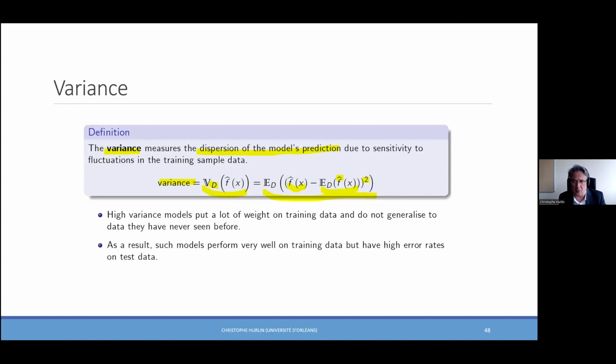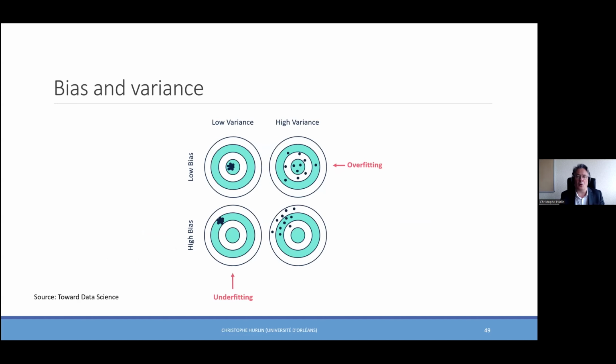So what is the idea of low variance, high variance, low bias, high bias models? Let us imagine that we have a target, and here you have the y hat forecasts. When you have low variance and low bias, your forecasts are concentrated around the true value of y.